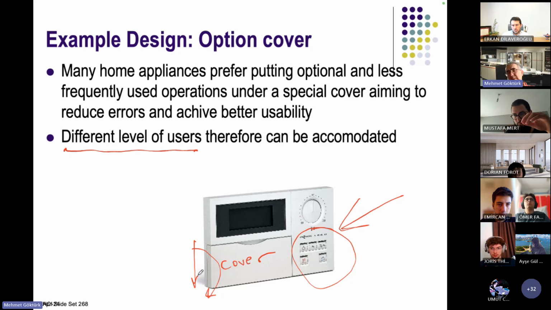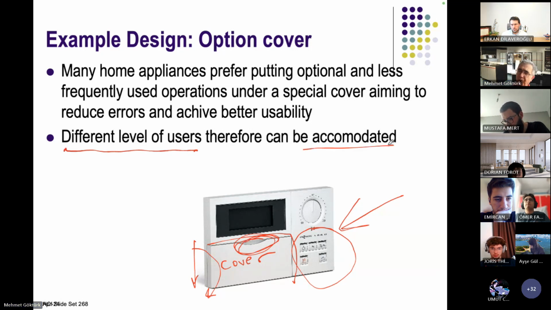If you don't want, they are hidden. They don't give you trouble. They don't confuse you. So confusion is prevented by making a cover, but the cover is openable. So if you really want, you can open and continue. This is a direct example of accommodating different levels of user.